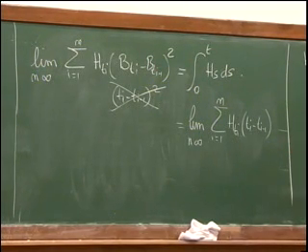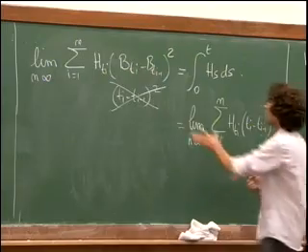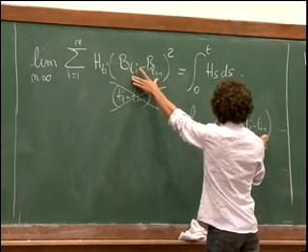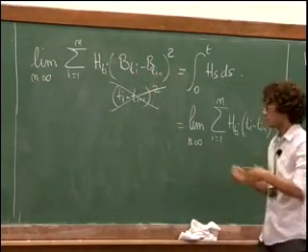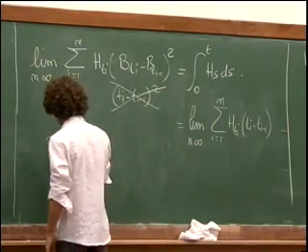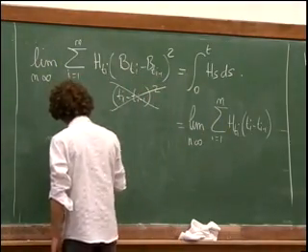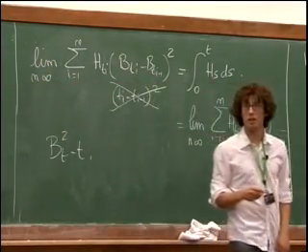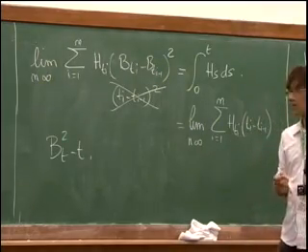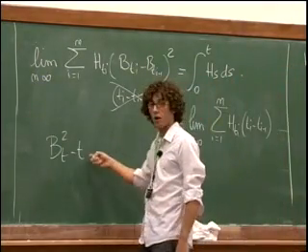And what you are going to use here is the fact that this minus this is the increment of this process, B_t squared minus t. And this process is also a martingale.